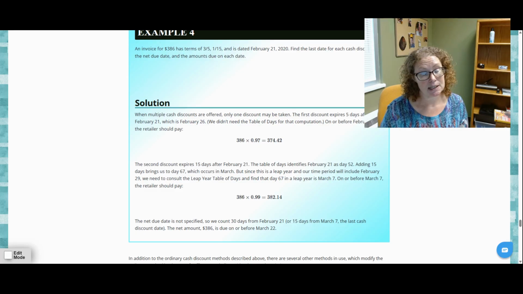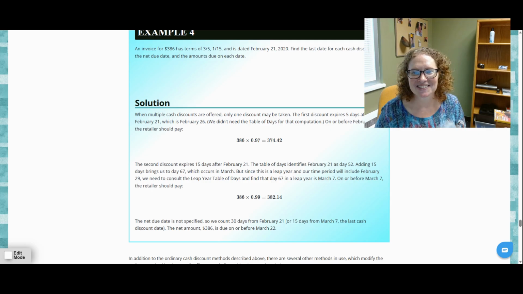Adding 15 to that gives us day 67. Oh, but wait, this is a leap year, which matters in March. So we have to look at the other table. We have to make sure that we do that as well.